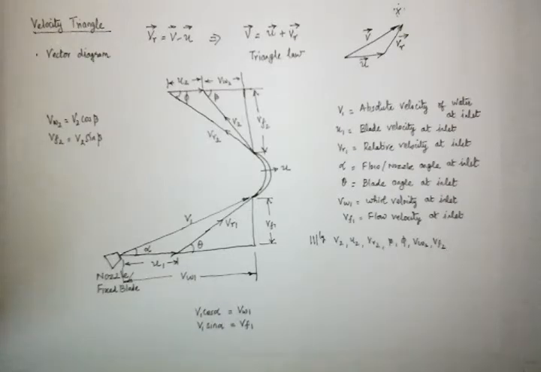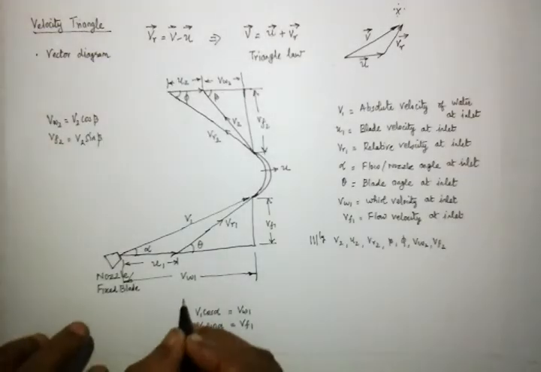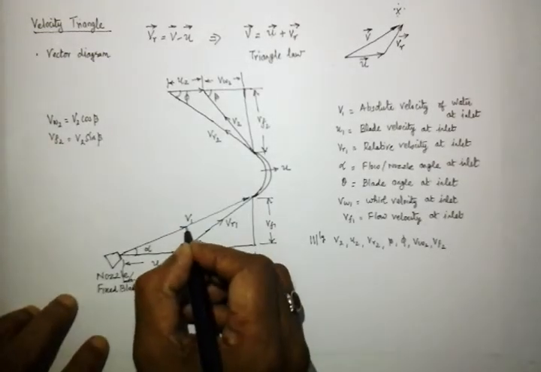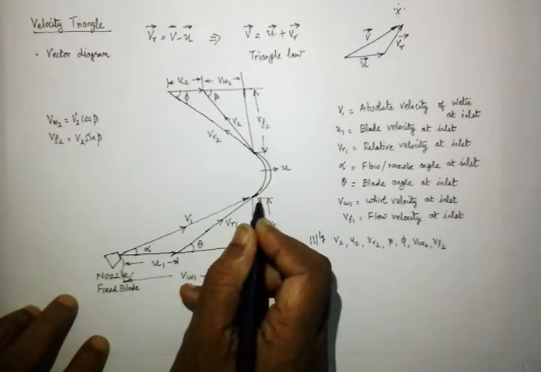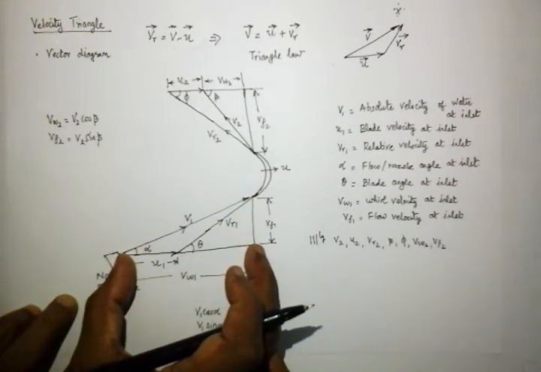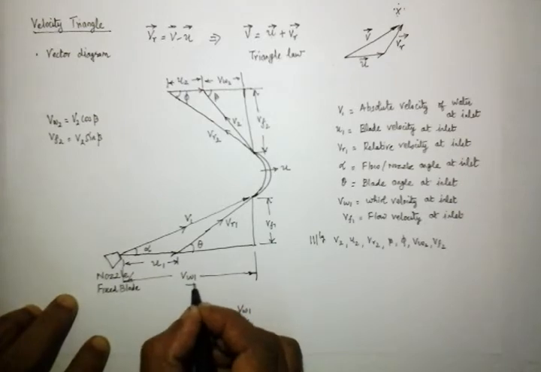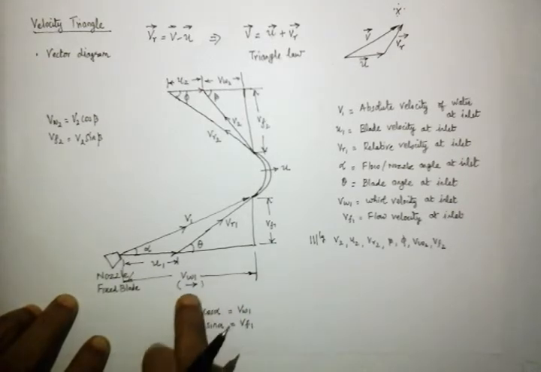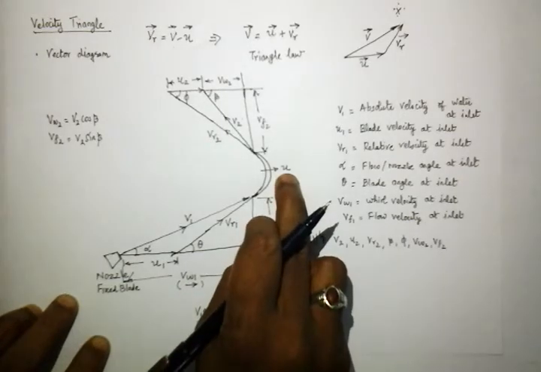Now the next one: let us discuss what will happen to the direction of the whirl component. Here, if you look, this is the direction of the absolute velocity. If you take the component, it will come here. So VW1 will be in this direction, which means it is in the direction of the blade.